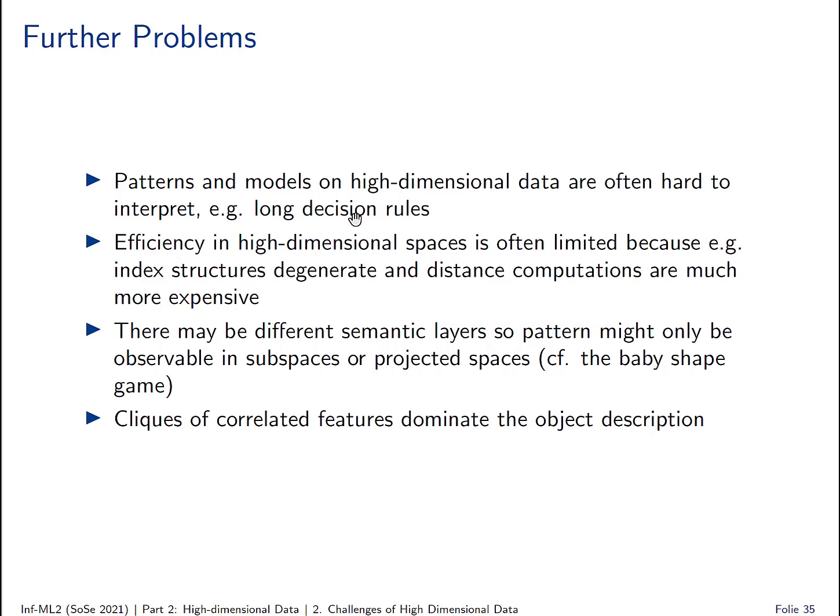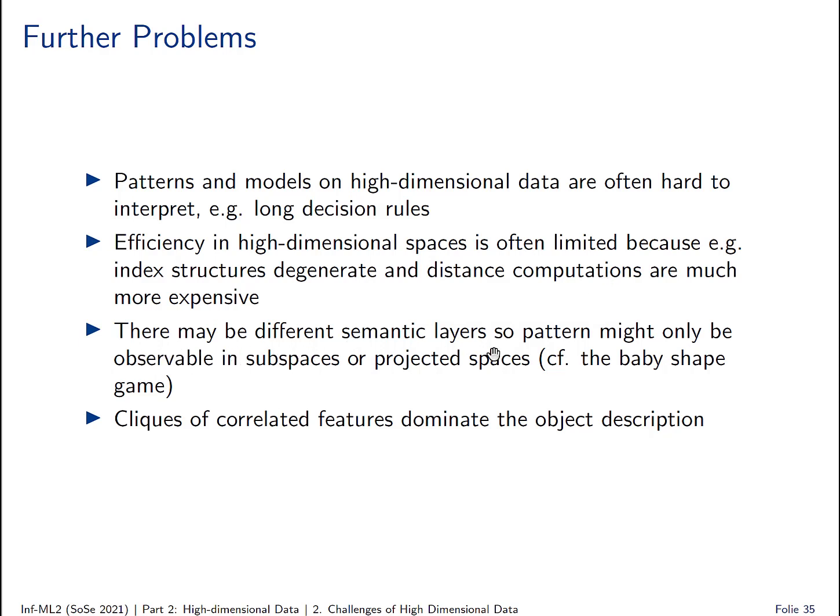So somehow intuitive also. Efficiency in high dimensional space is often limited. Of course, we have index structures to search for things, but these typically degenerate for high dimensional spaces. That's not our deal here, but just so that you know. And distance computations are of course also a bit more expensive because you just have to compute more.